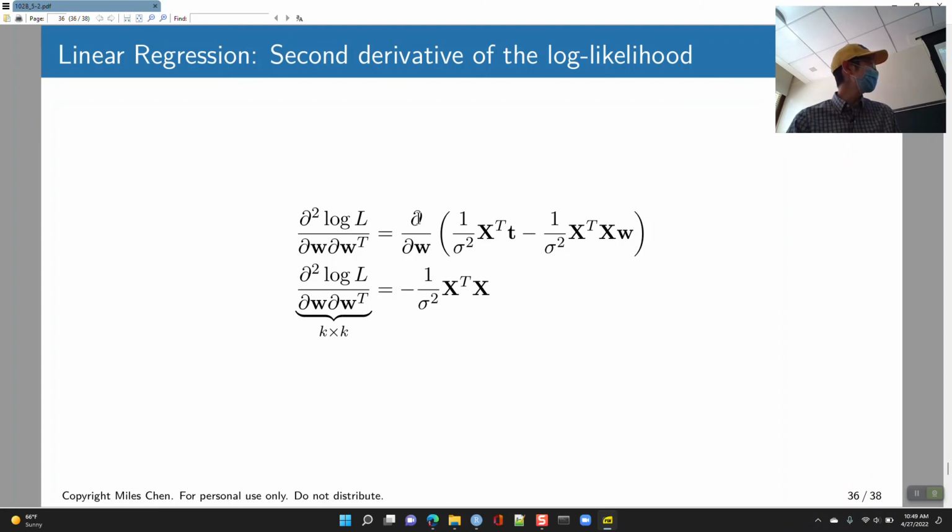So we're going to take the partial with respect to w of this whole thing. Well, there's no w here, so that gets eliminated. And then we get this square matrix of x transpose x. So I get 1 over sigma squared x transpose x, and this would be the Hessian matrix of our second order derivatives.